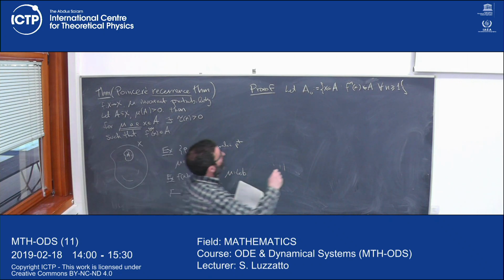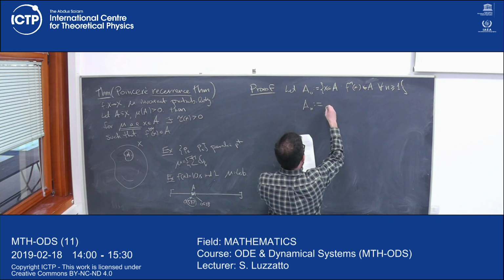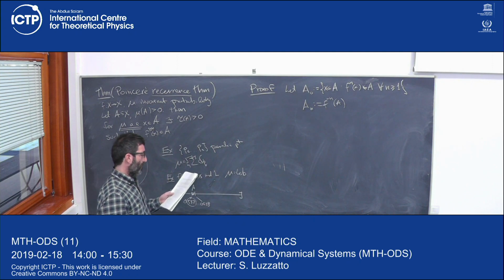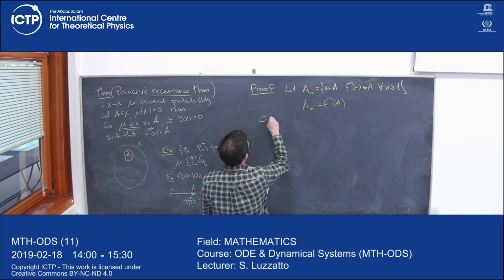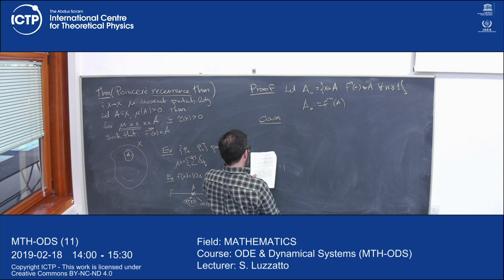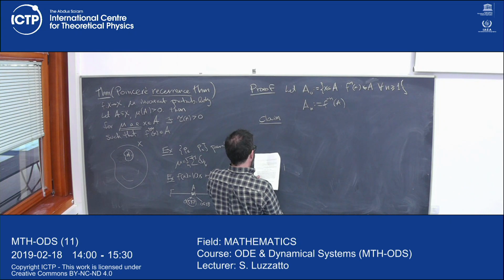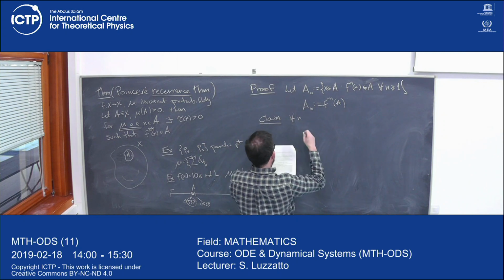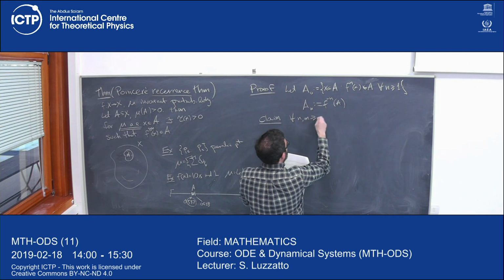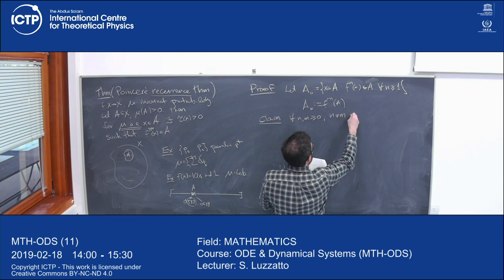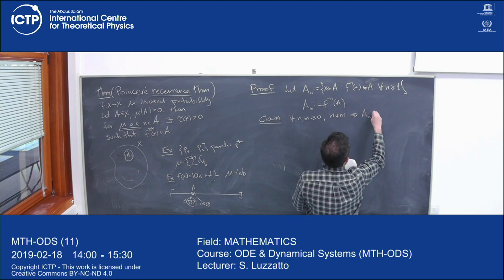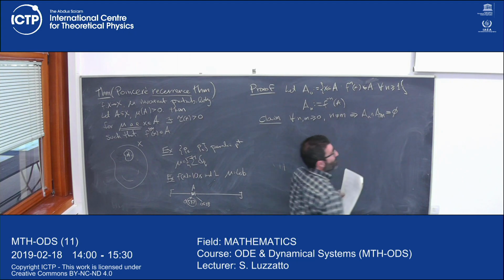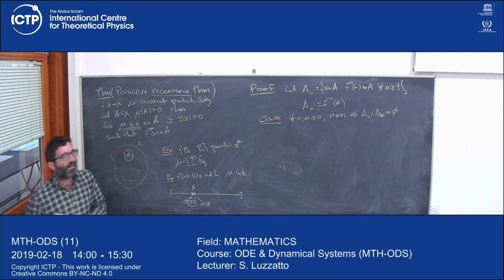Let also An equal F minus n of A. So the claim is that for all n greater or equal to 0, with n different from m, this implies that An and Am are disjoint. In fact, let me leave that as an exercise.